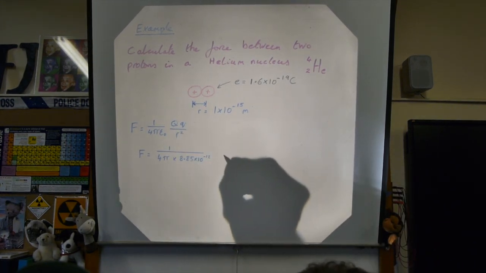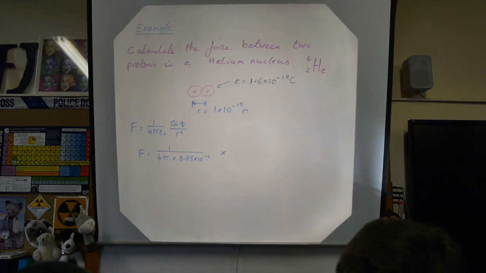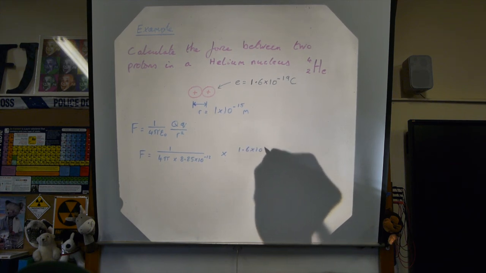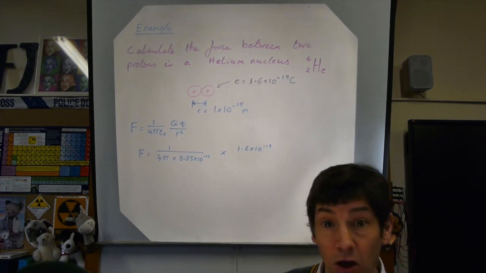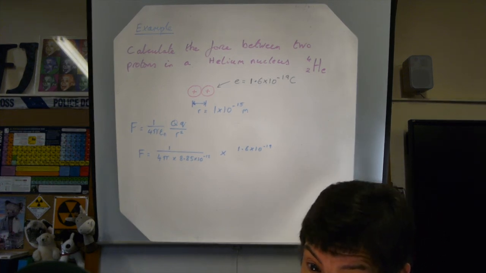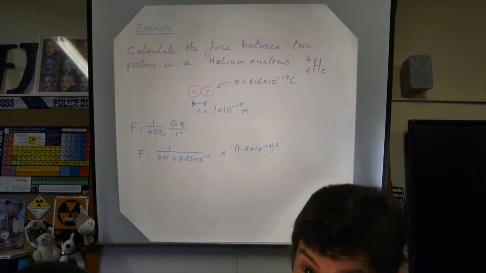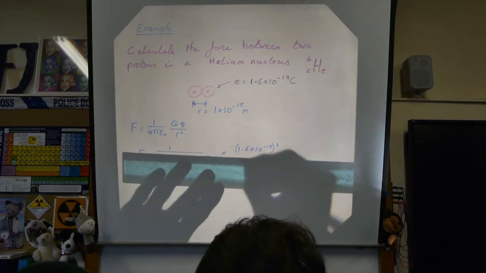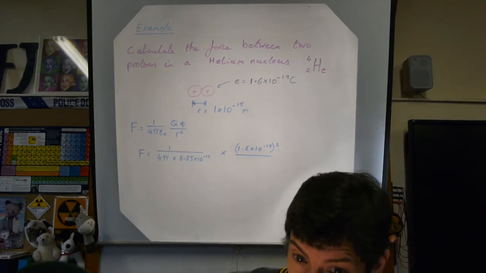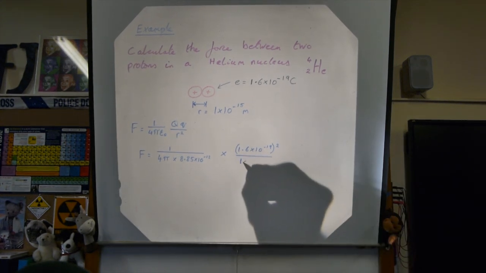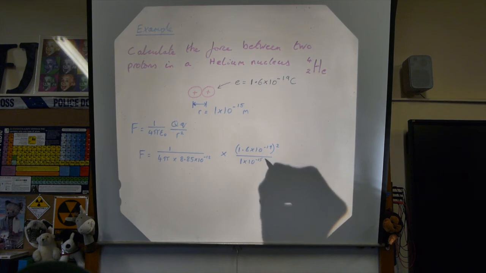And then the Q upon R squared, so that lot times by, now here's the clever bit, 1.6 times 10 to the minus 19 times 1.6 times 10 to the minus 19, so squared, it's kind of an easy one, divided by their separation squared, that's the bit I often forget, 1 times 10 to the minus 15 metres squared.